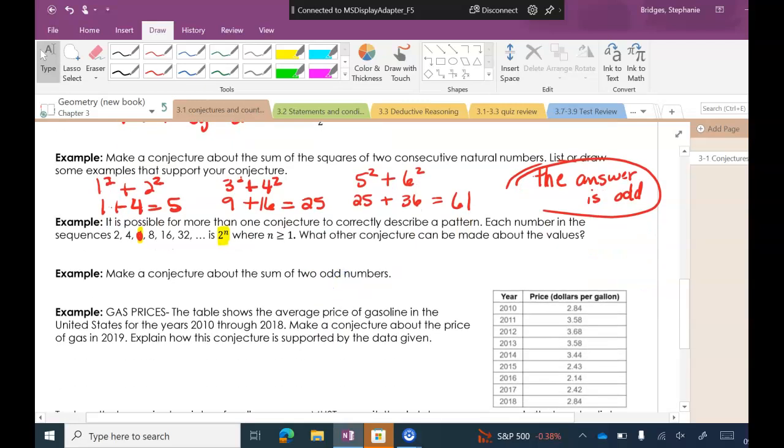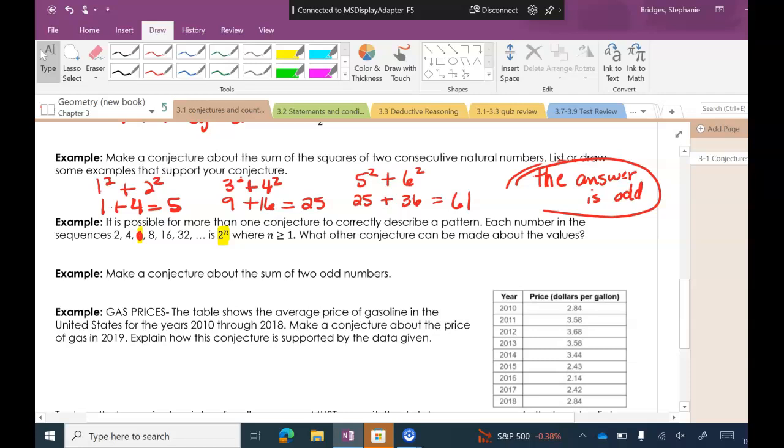The next one says, make a conjecture about the sum of 2 odd numbers. So pick 2 odd numbers and add them together. Then pick 2 more odd numbers and add them together. And then pick 2 more odd numbers. Do it 3 times. Just jot it down on your piece of paper right under that question. Pick 2 odd numbers and add them together and see what kind of number you get.